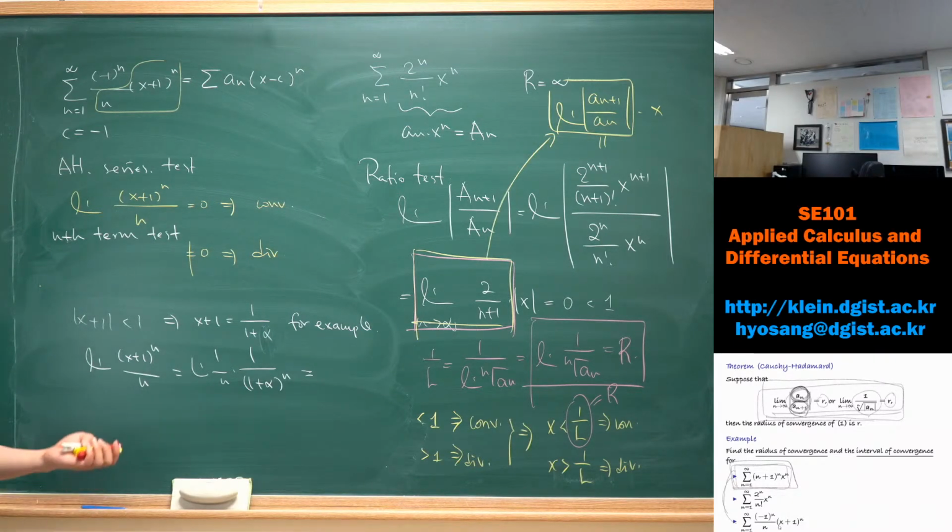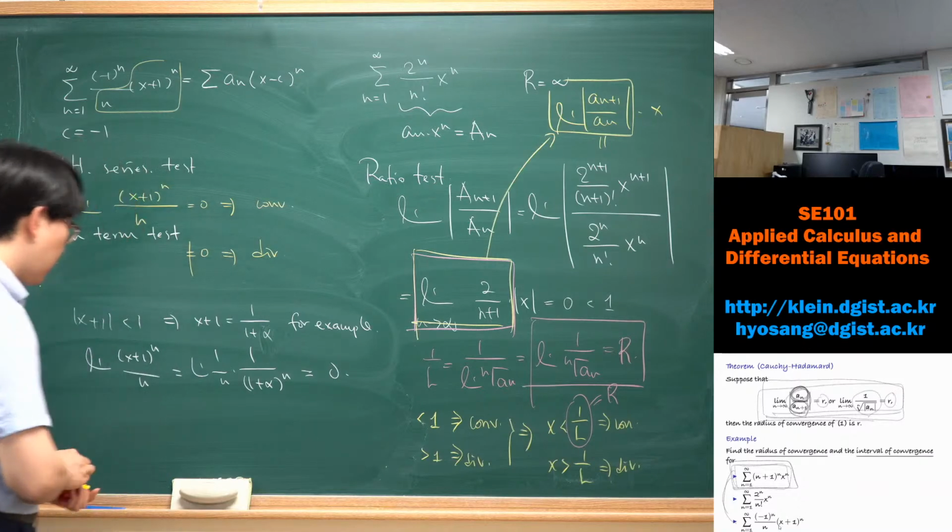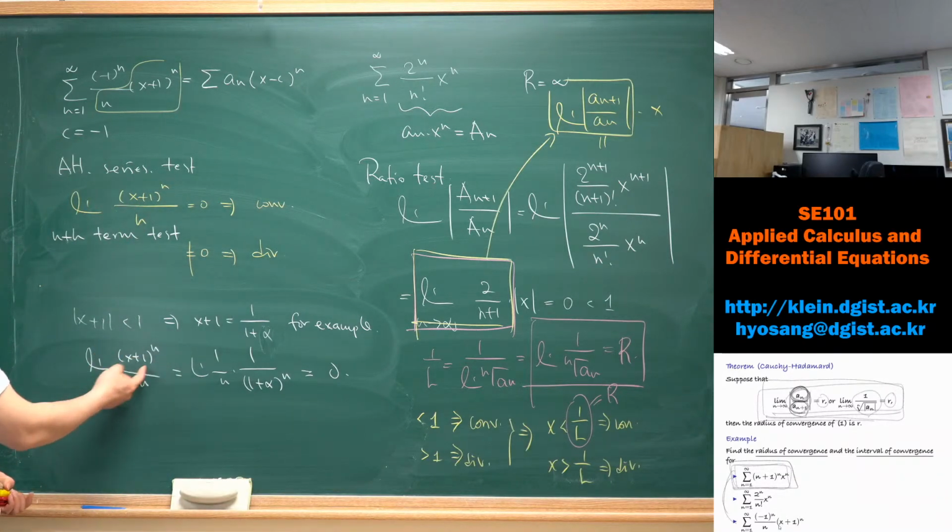So what happens here? What's the limit? 0. This is exponential, so it exponentially goes to 0, and the n goes polynomially to infinity. Exponential always dominates, so it's always 0.